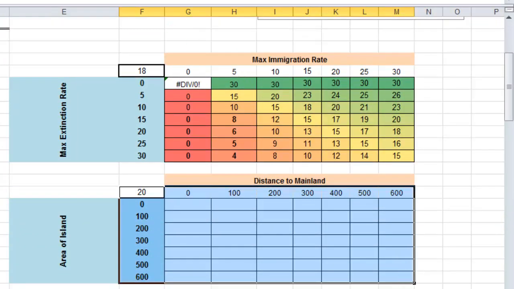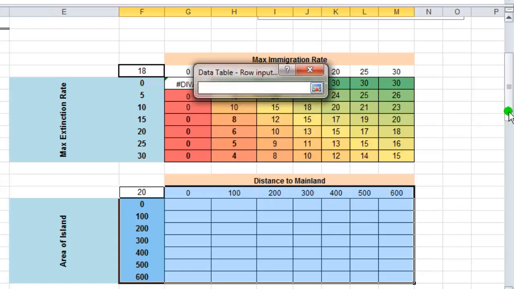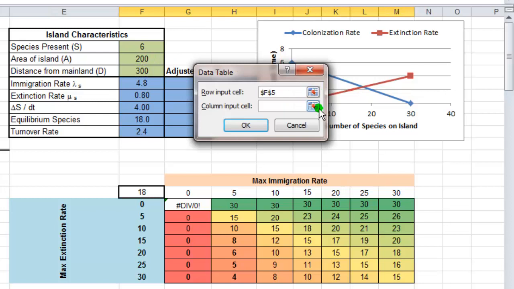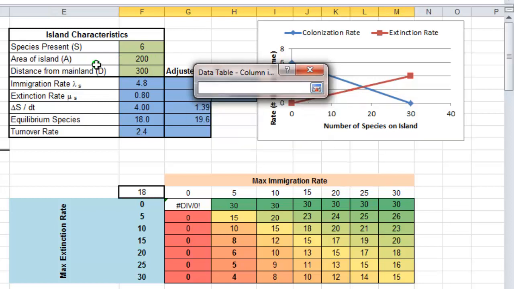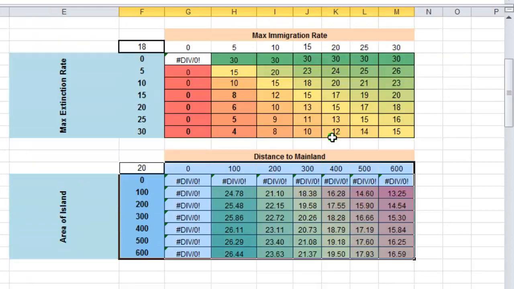We're going to go to the Data tab, choose What If Analysis, Data Table. Our row inputs are going to feed into distance, so they're going to feed into cell F5. And our column inputs are going to feed into area in cell F4. And the table then should be populated.